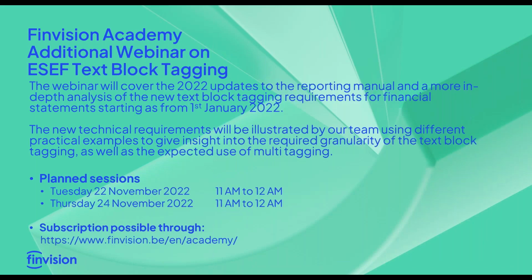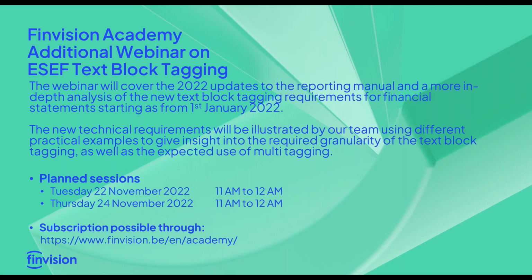Next to that, we're also announcing 2 additional webinars. They will be focusing on ESEF tax block tagging, which is a new requirement, increasing the XBRL tagging requirements, which were launched already last year, and will be extending to more of the notes and the tax blocks. Those requirements are applicable for financial statements as of January 1st, 2022.